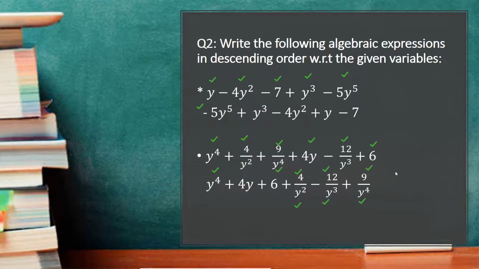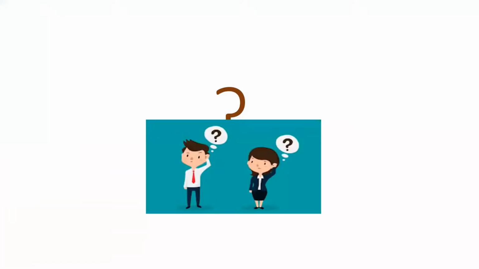The smallest term is 9 over y power 4. This is the smallest term because it contains y with the power -4. This is the smallest power. Any question, student? Any question about ascending and descending order?